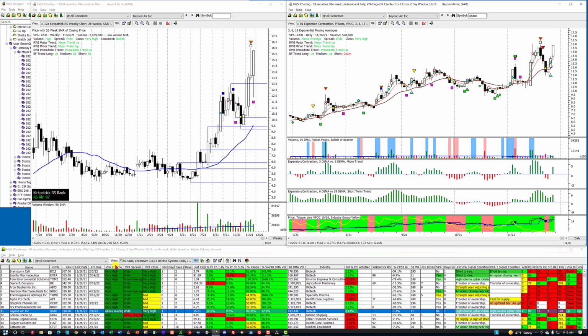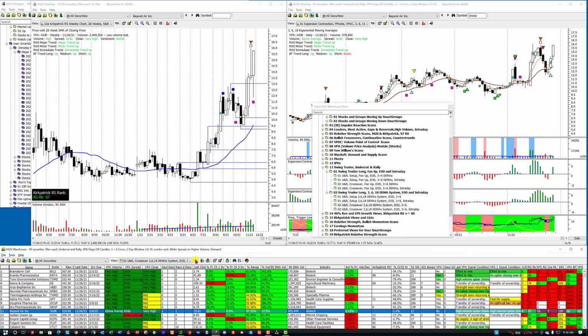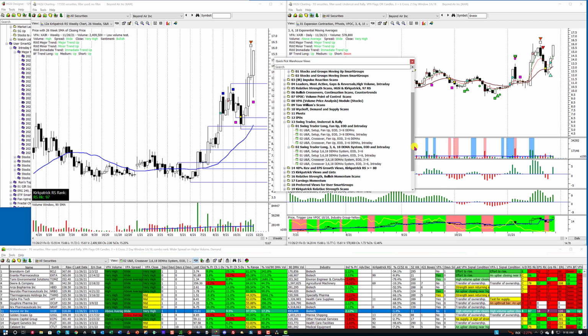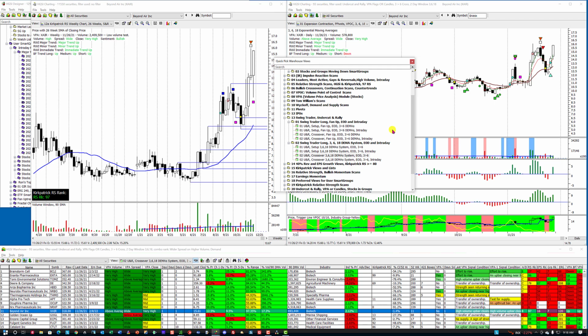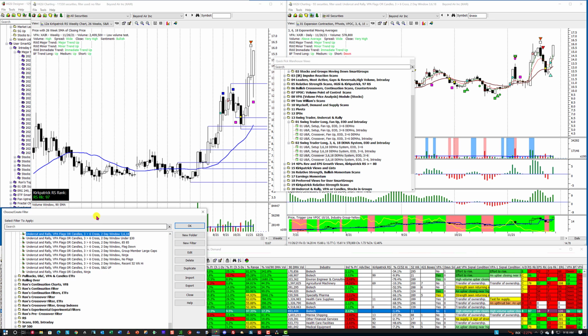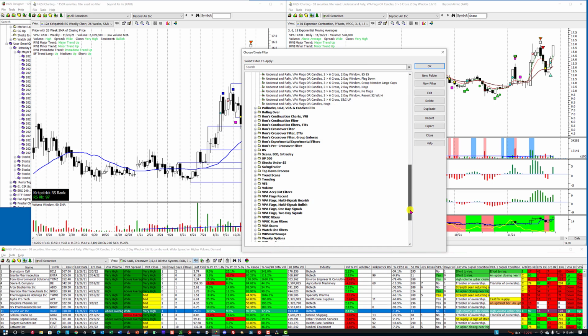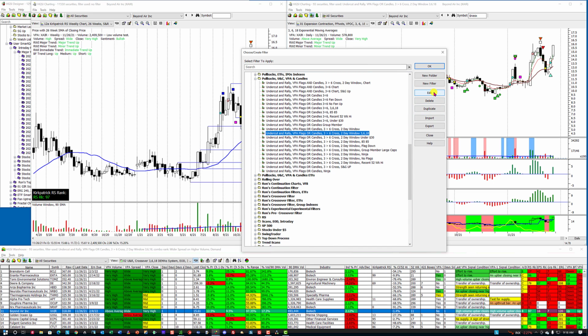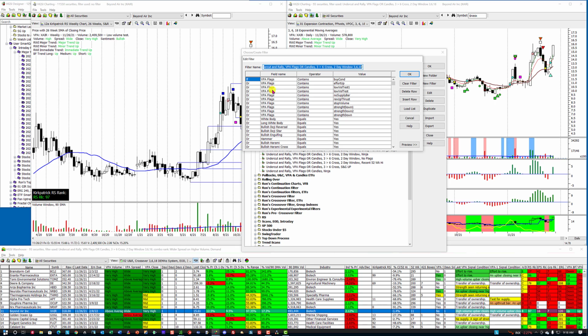Anyway, I just put these in. I want you to experiment with them, see what you think. And I think they're going to provide some really good setups and trades with the 3 crossing the 6, using the UNR scans, which I created for the workshop. I'll just show you a filter, these are a little complicated.